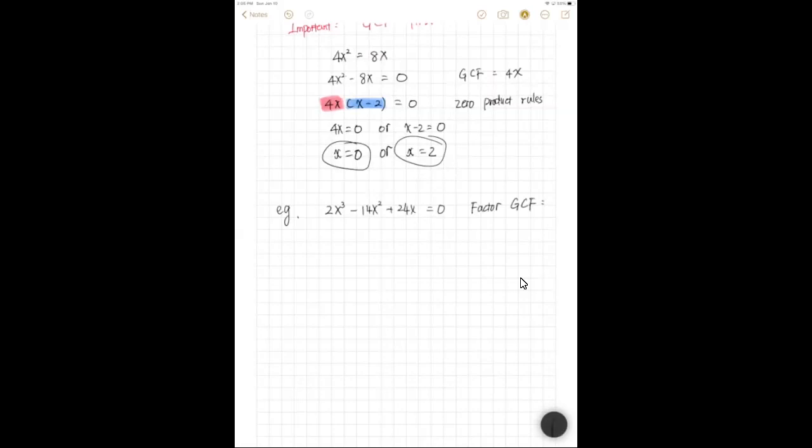So I factor this part out, I have x squared minus 7x plus 12 equals 0. And then look at the parentheses. It has 3 terms, and the coefficient is equal to 1. So that means we're going to use the AC method.